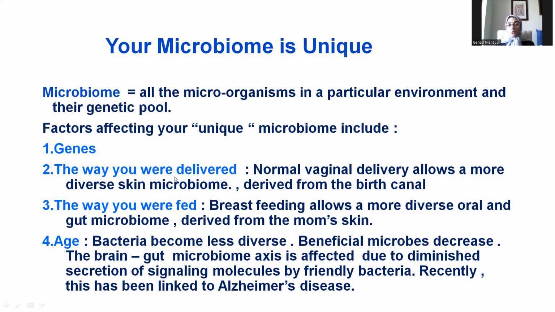Of course, those delivered via normal vaginal delivery will have more diversity of the skin microbiome than those delivered through cesarean section. And the microbiome that they will acquire from the mom will also be unique, because it will depend partly on the genes of their moms.